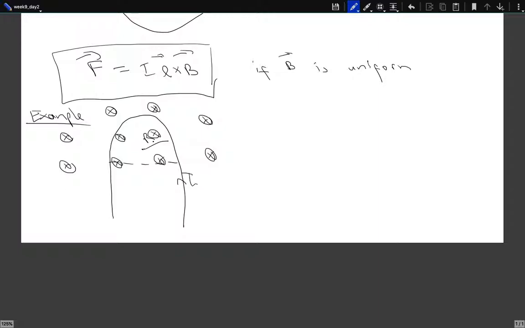And in this problem, what we did was, okay, the arc is not straight. So what we did, we divided it into very small segments.